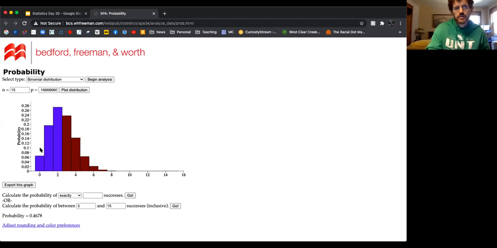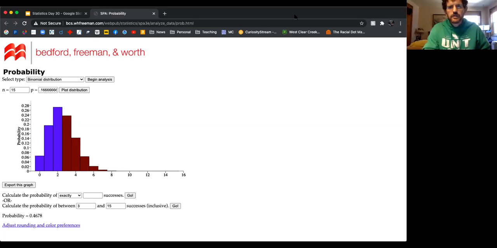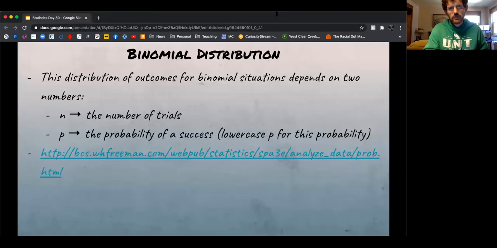Any thoughts on the shape of this distribution? I'd say slightly skewed to the right. Yeah. And we're going to talk more about that tomorrow. But for now, it suffices to say it looks kind of skewed. It looks mostly normal, but maybe not fully.